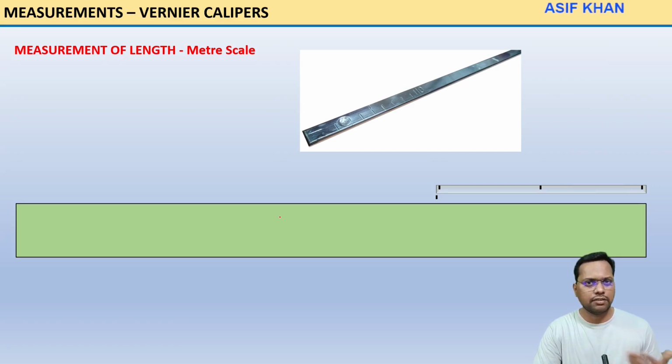Now here if you observe, there will be either 2 divisions or 4 divisions on the scale, because the requirement of the shopkeeper is to measure either half of the meter or 1/4 of the meter. But if you wanted to measure the length of a pen or pencil or some small object, you need further divisions.